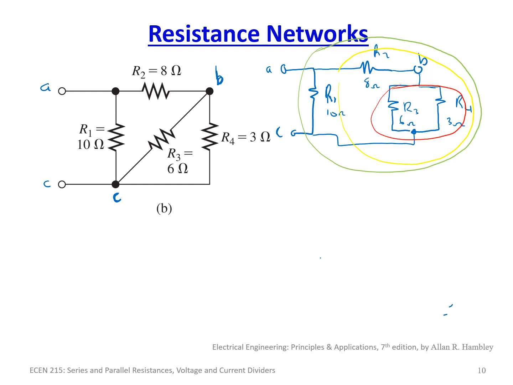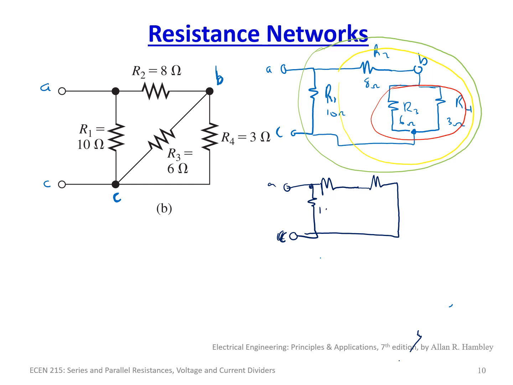So now the circuit can be reduced to simply a 2 ohm and this. So we have our two terminals A and C. Excuse my drawing here, I'm used to doing this on a whiteboard.